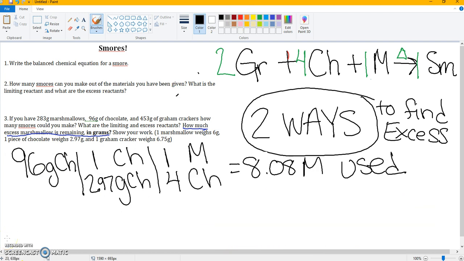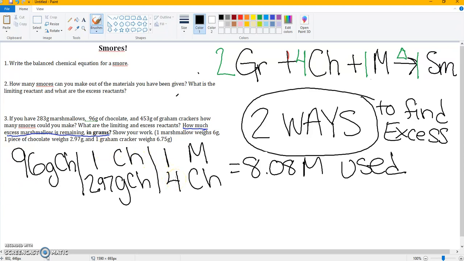So the second way you can find your excess is by starting off with your limiting reactant, because we know that all of this limiting reactant has to be used up in my chemical reaction because it's the limiting one and therefore it's the one that runs out. So I can go from my limiting reactant, go to my molar relationship, or in this case my piece by piece relationship.